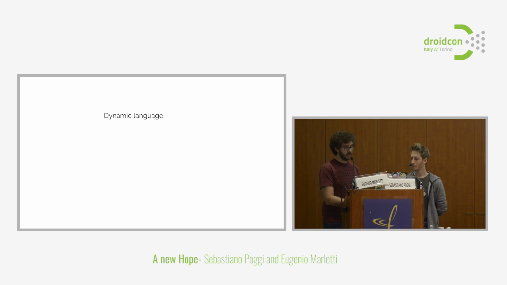So Dart is a dynamic language, which would completely put me off. I wouldn't touch it because I don't like dynamic languages. But it is statically checked, and there is the so-called strong mode, which basically makes it bearable for me. It's completely type safe if you use strong mode.